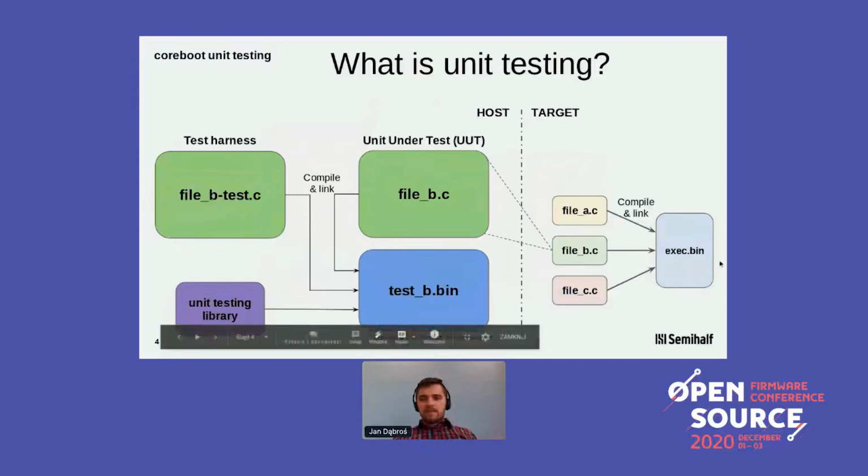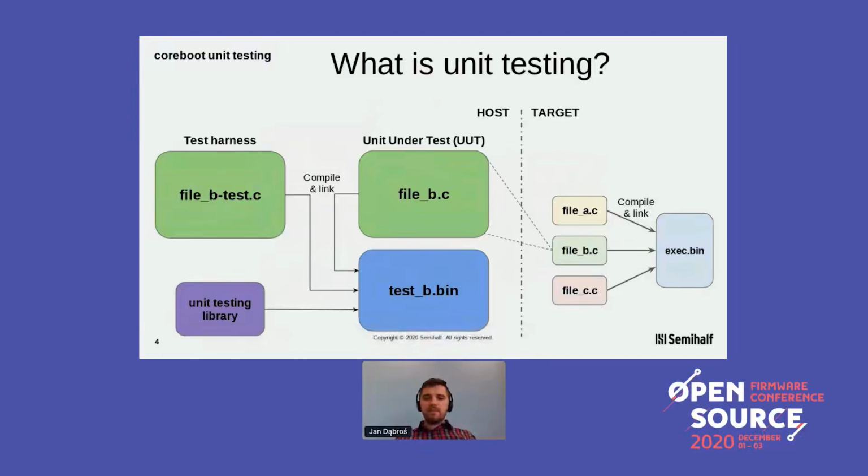And sometimes, especially in the case of coreboot firmware, such dependencies are very complicated, so it's very difficult to mock them out. In such a case, we need to include another module into our compilation and link against such a module. But in principle, we would like to isolate only one compilation unit and test the API of such a unit.